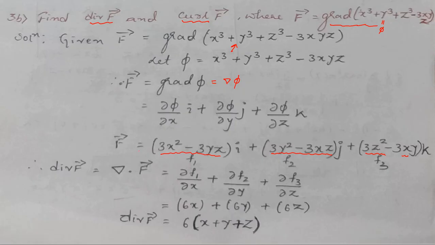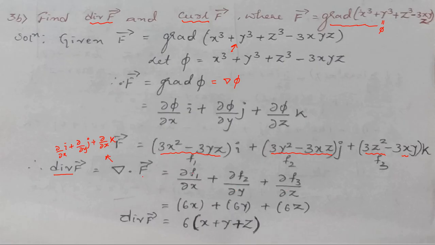So I will name that vector f as f1 i plus f2 j plus f3 k. Then the divergence of vector f is defined by del dot vector f, where del is del by del x i plus del by del y j plus del by del z k. By applying the dot product with vector f, I get del f1 by del x plus del f2 by del y plus del f3 by del z.